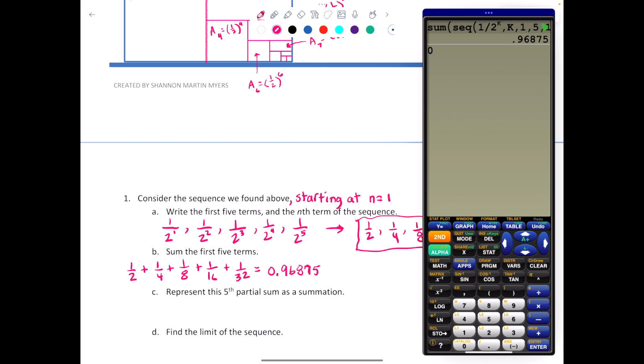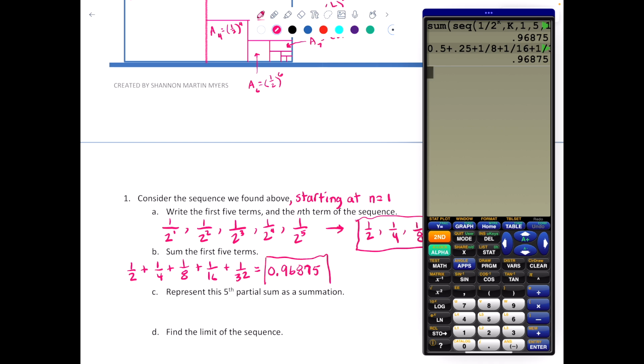So you'd have 0.5 plus 0.25 plus 1/8 plus 1/16 plus 1/32. Enter, and lo and behold, we get our 0.96875.